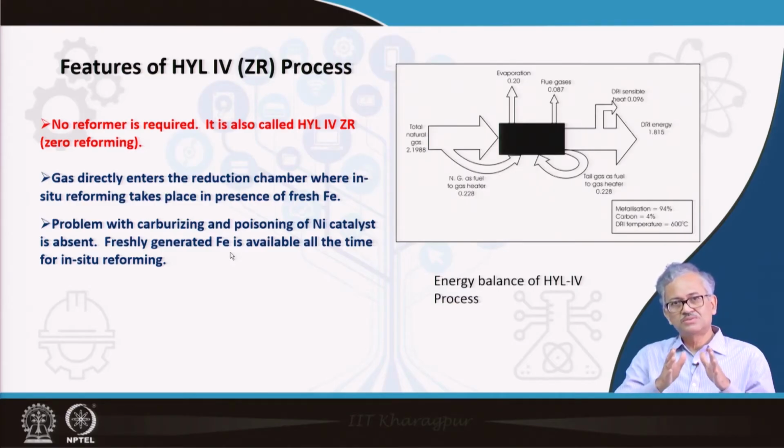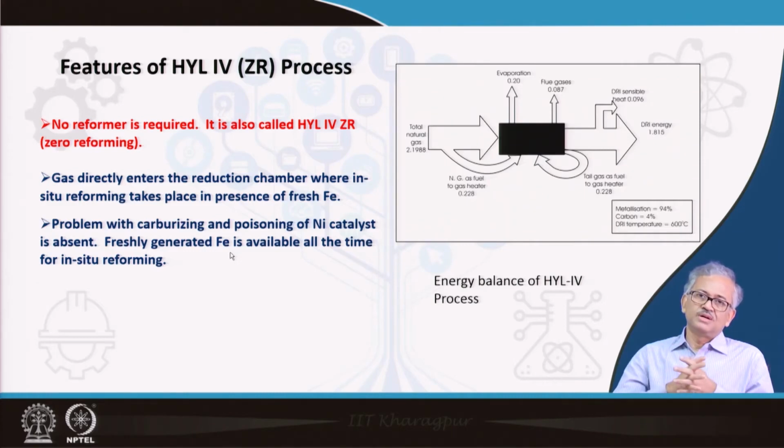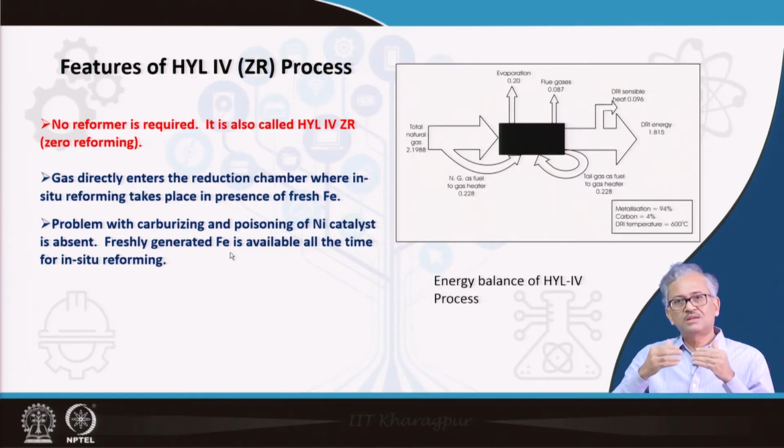But in this case, when I am using the nascent iron for reforming, there is no question of this poisoning. Iron gets carbonized obviously, but you are always getting nascent iron because it is being produced, and after catalyzing, it goes into the lower part and gets carbonized. So these problems are not there. The poisoning of the catalyst and replacing the catalyst is not there.